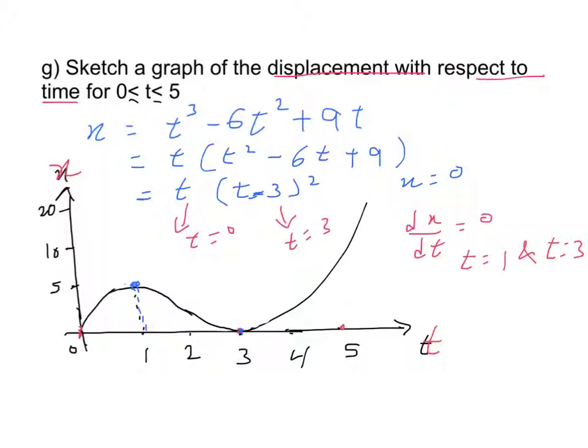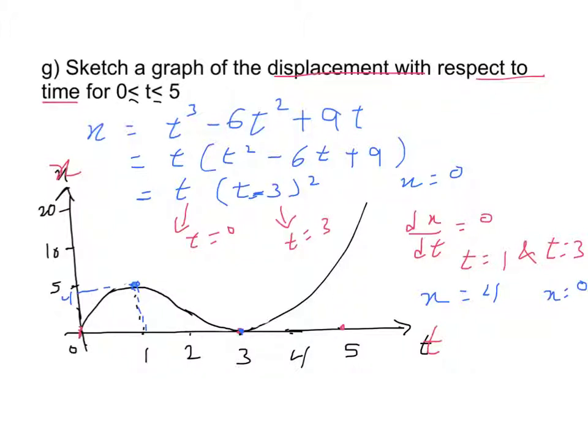So when t is equal to 1, substituting, because the question is asking you to find the displacement at that time, if t is equal to 1, we substitute in x, and we end up with x equal to 4. And that's how we find that point, at 4. And when t is equal to 3, x is equal to 0, and this is the second point.